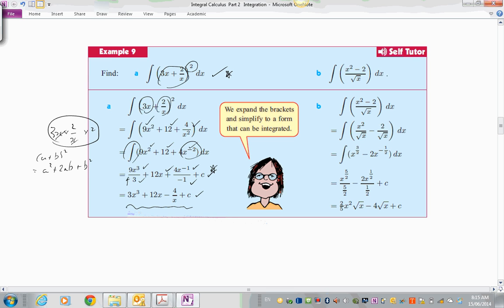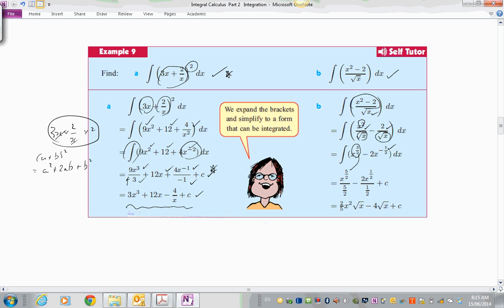Okay, over here, same thing. What we're going to do is say x squared take 2, all divided by root x, means x squared on root x take 2 on root x. So this is a single power. 2 minus a power of a half, root x is a half, is x to the 3 on 2. And root x in the bottom line is x to the negative a half. And now we can do it.